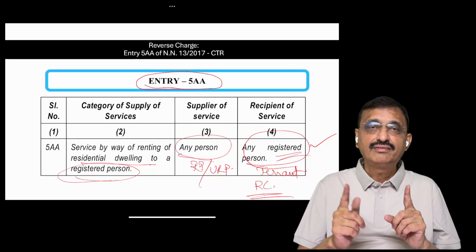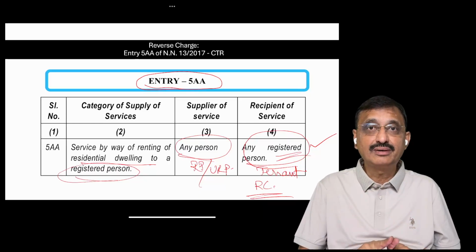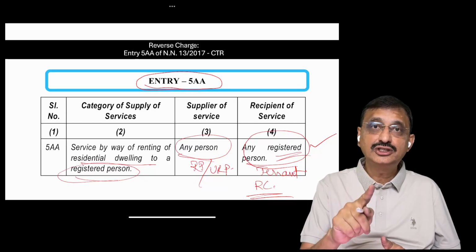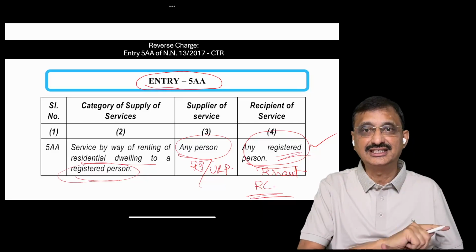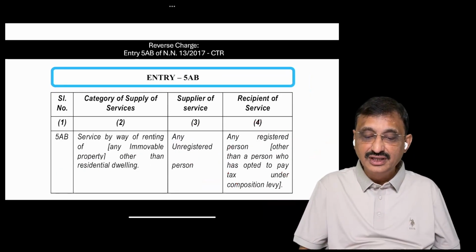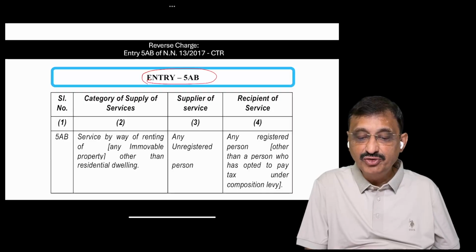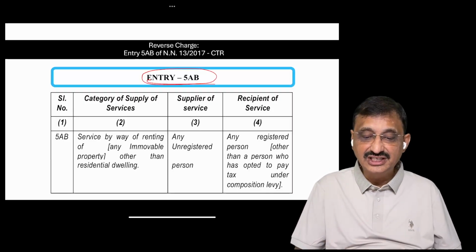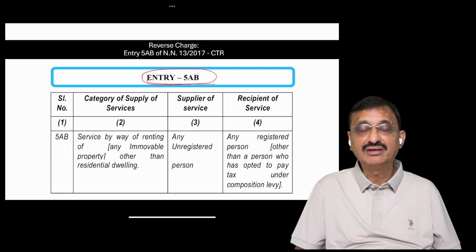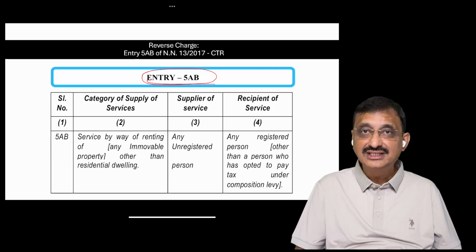But for renting of commercial property also, in one situation, GST is leviable on reverse charge by virtue of entry number 5B of the reverse charge notification, that is notification number 13 of 2017 central tax rate.